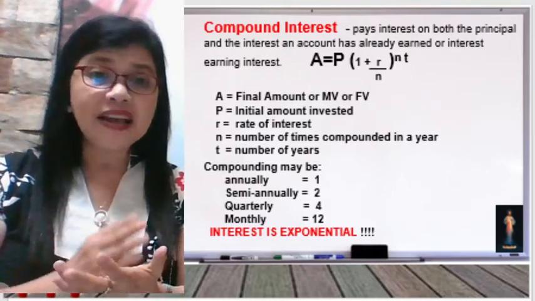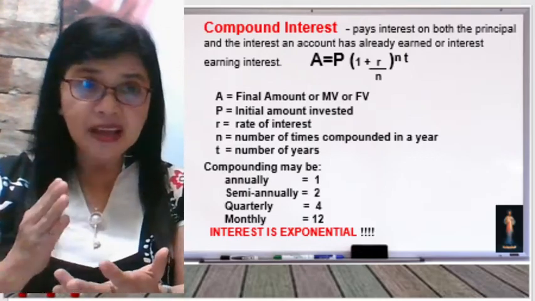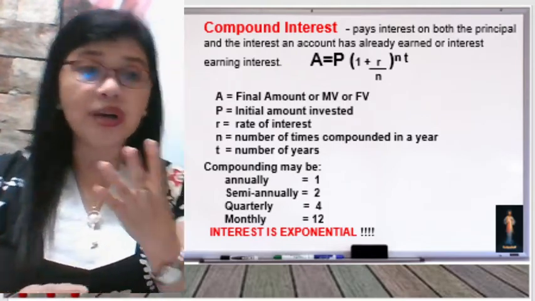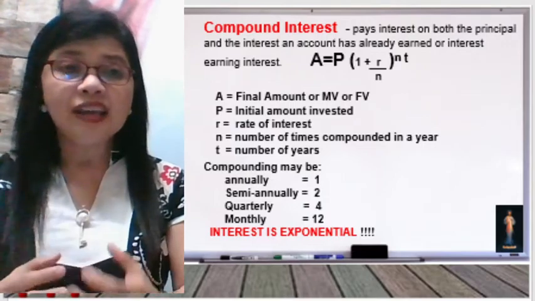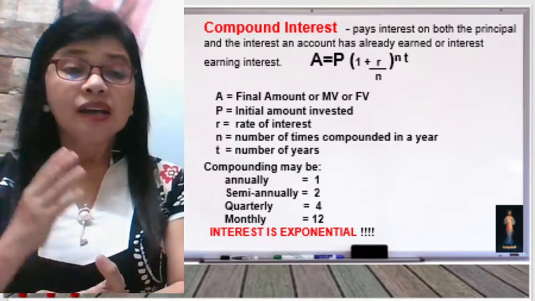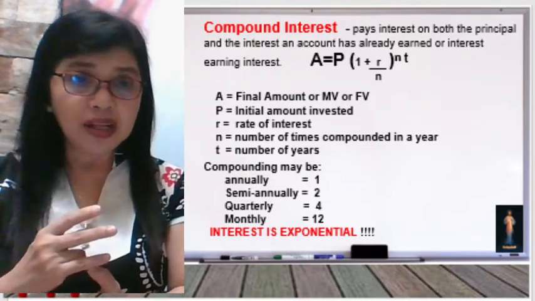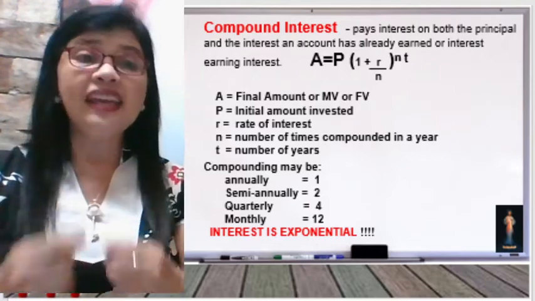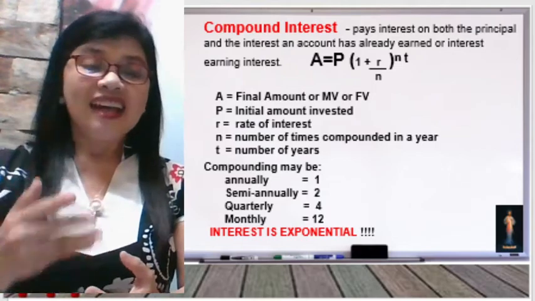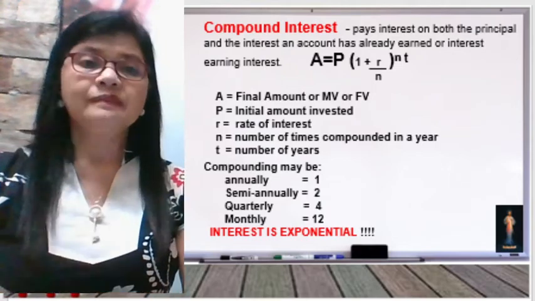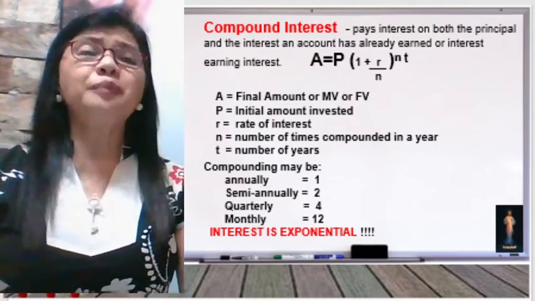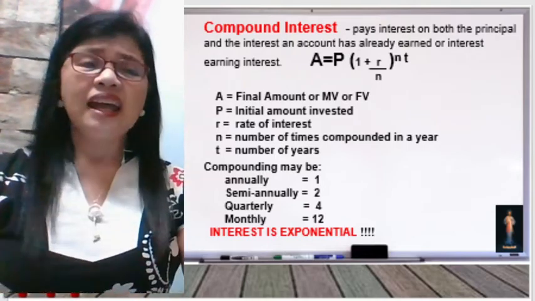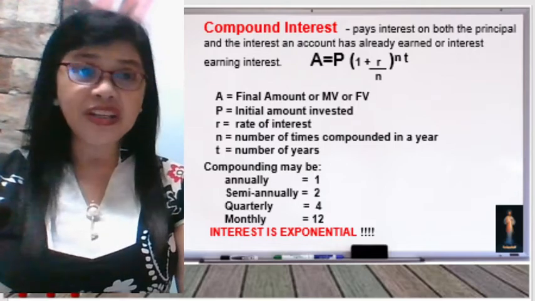Quarterly, you divide the interest by 4, so you earn interest 4 times a year. Monthly, you divide the interest by 12, so you earn interest every month. So that makes it exponential. That makes it very explosive. That makes it a very high return on investment.